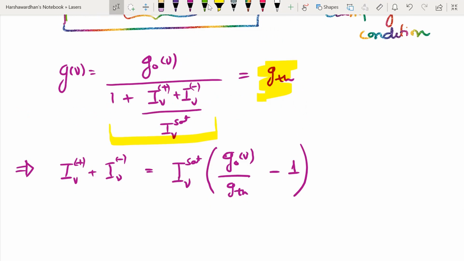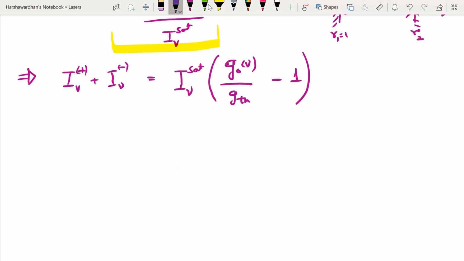What this means is that I have a cavity, and I have this field that is bouncing back and forth, I plus and I minus. Imagine that one mirror is completely reflective, that R1 is 1, but my R2 is the output mirror, and that is finite. So that is where my I output comes.